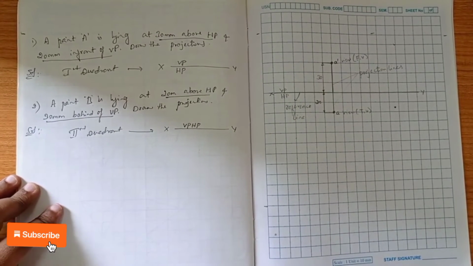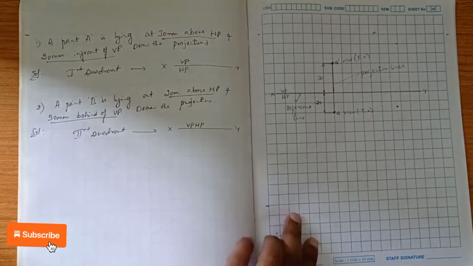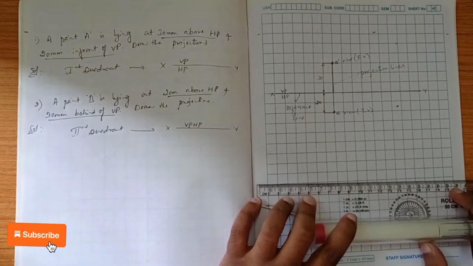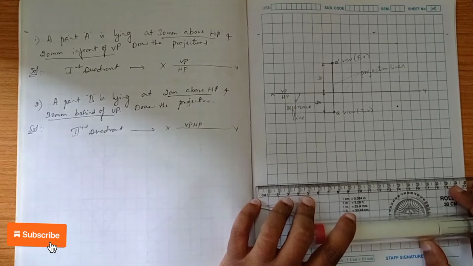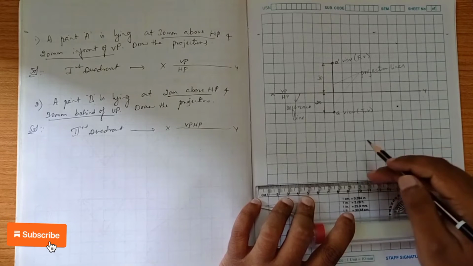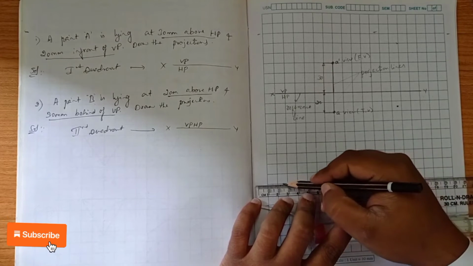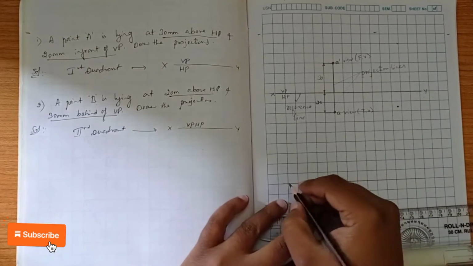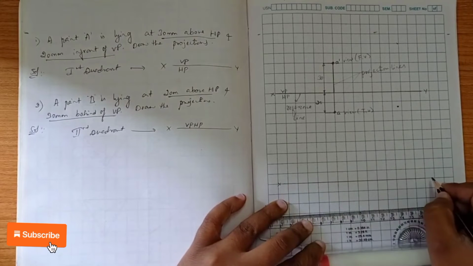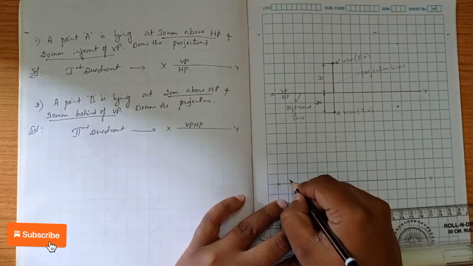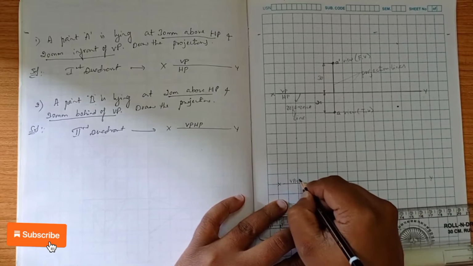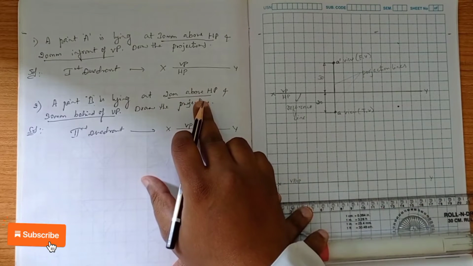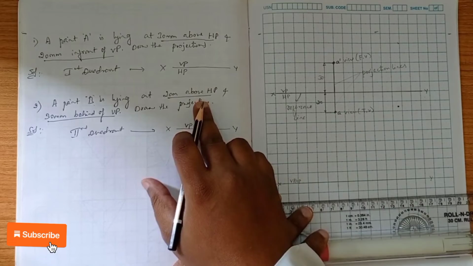Now we draw. First we draw an XY line. Both VP and HP lie above the XY line. We know that if any point is lying above HP, it is the front view.